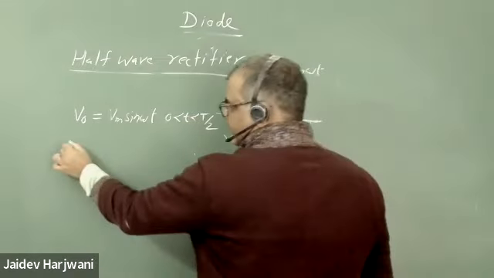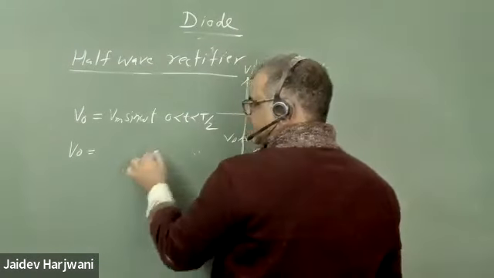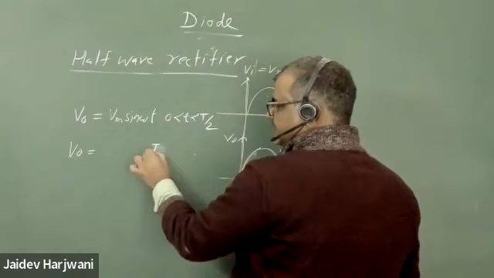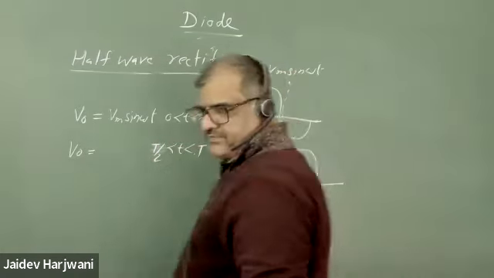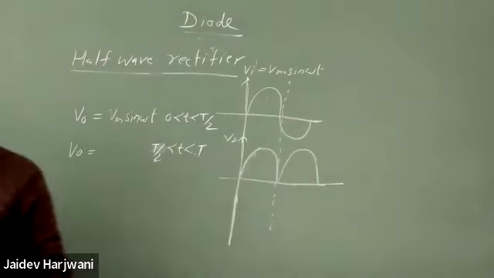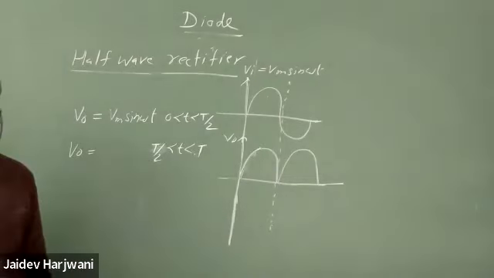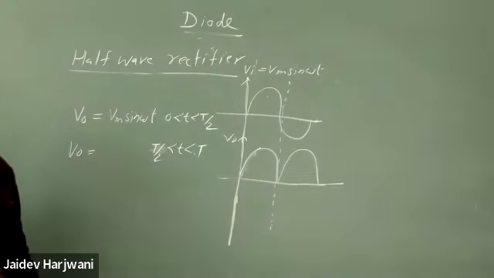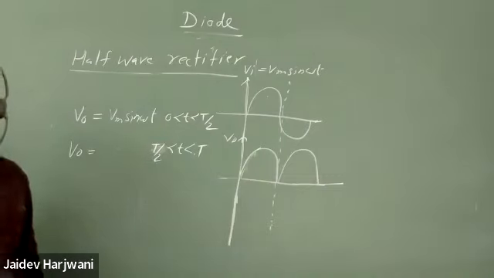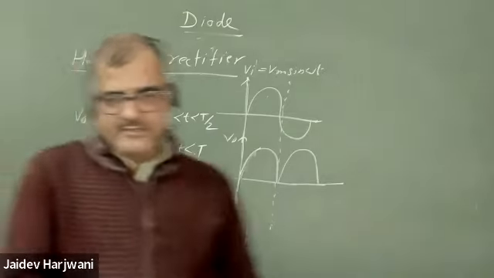Now if I want to write V naught for T by 2 to T, what is the function? Vm sin omega t. So should I write plus or minus here? Minus. Oh, sir, it will come plus only, same direction. Plus will come.